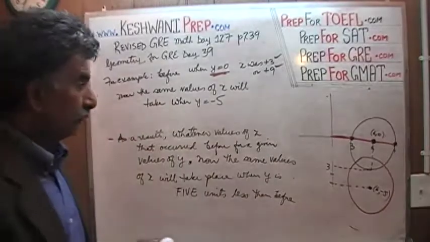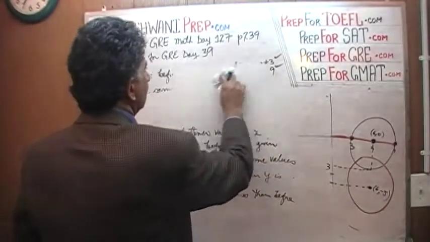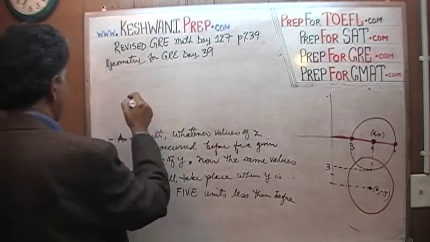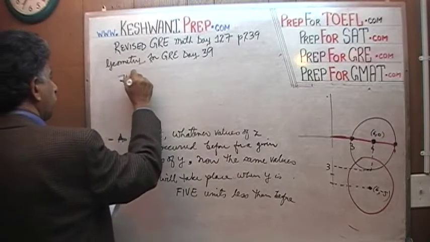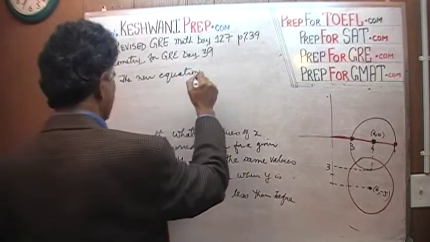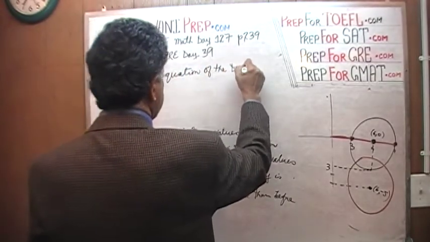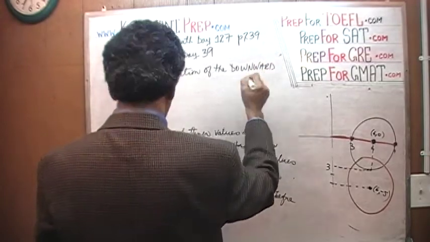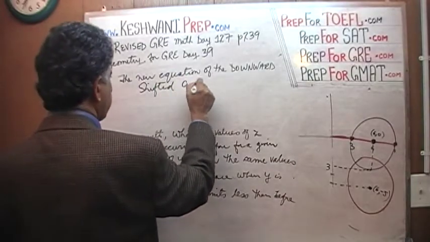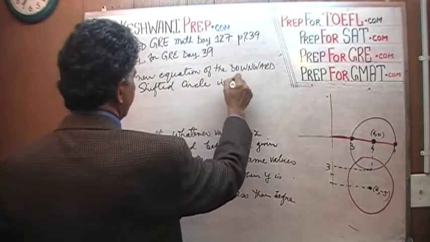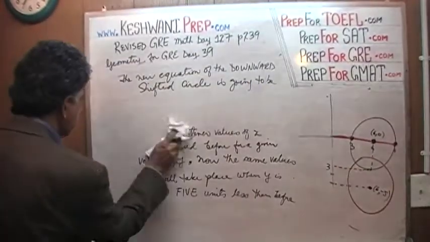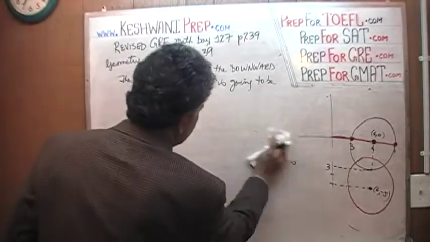Let's see what the equation looks like for this new circle. The new equation of the downward shifted circle is going to be, we're going to do it step by step, okay?